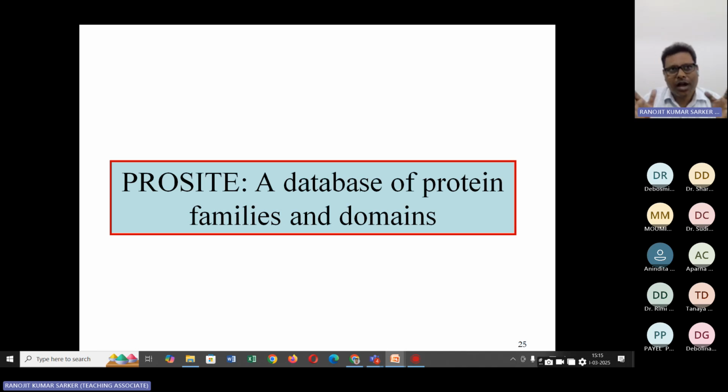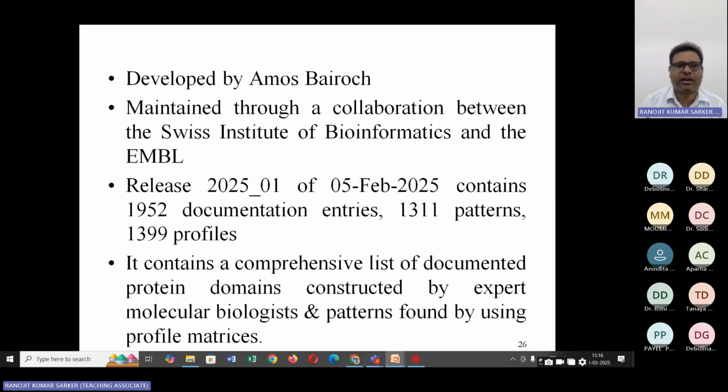In SCOP, if you have a protein, you can analyze in which family it matches. But in PROSITE, if you have a sequence, you can scan it to see whether your sequence has some functional similarity with known proteins and domains or not.